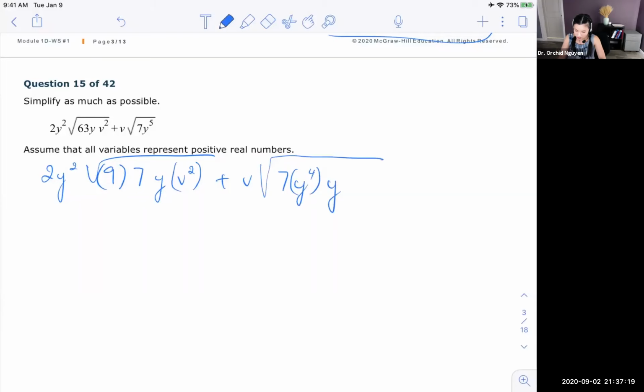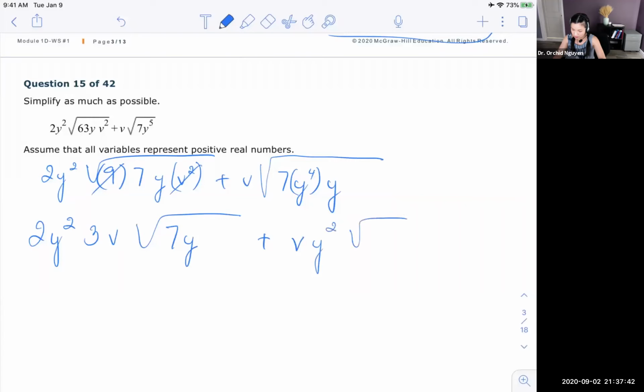So now let's just take out the 9, which is 3, take out the v. Okay, so I'm going to cross that. We have 7y plus v y squared 7y.